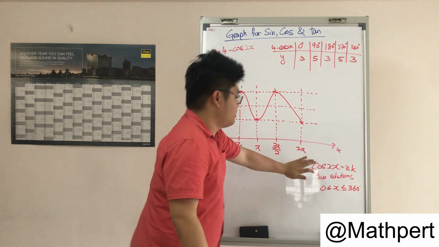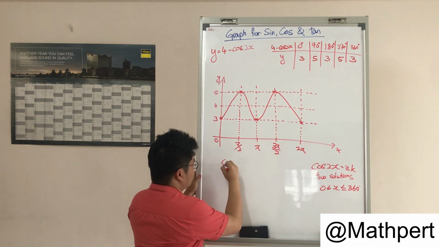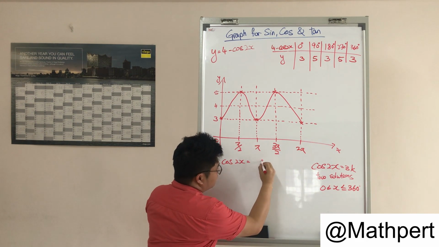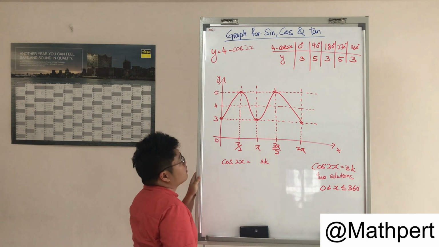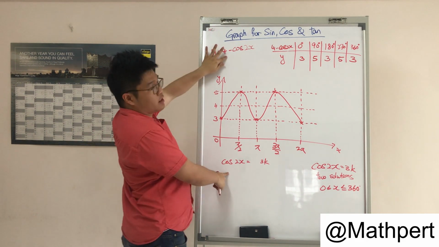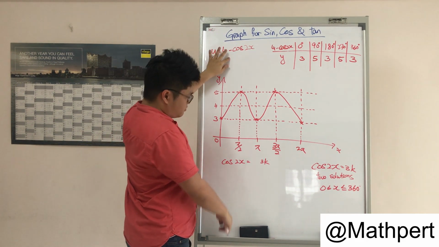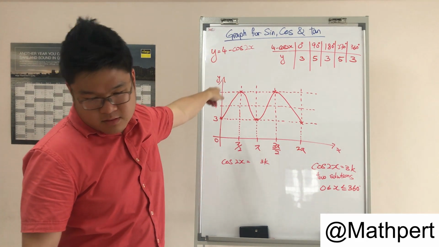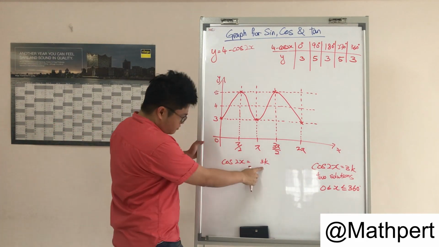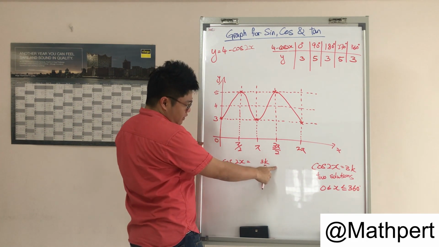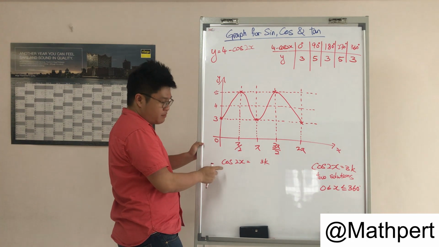Alright, this equation, cos 2x equals to 3k, right? So let's compare with this cos 2x and this one. So how do we get this? Okay, so cos 2x, we move to right hand side, become negative. Here we move to left hand side, become negative.